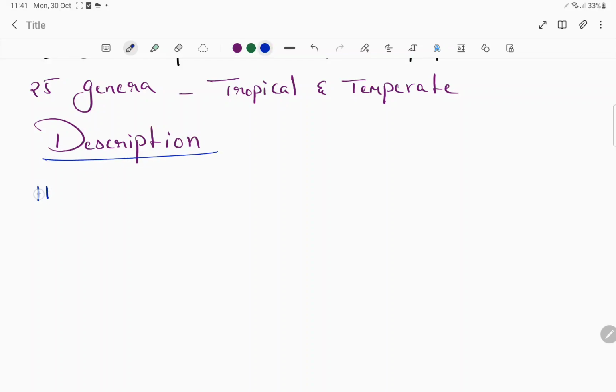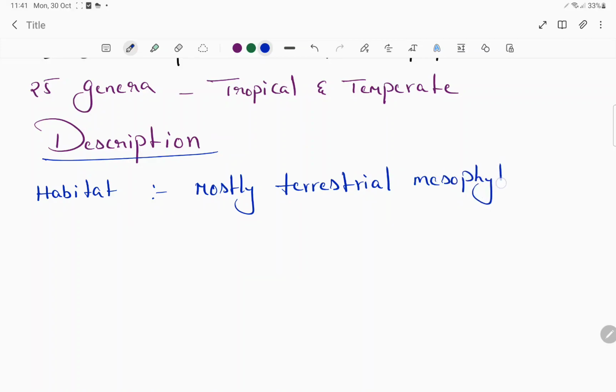The first thing is habitat. They are mostly terrestrial mesophytes. Coming to the root, being a dicot, they have the taproot system with profuse branching.